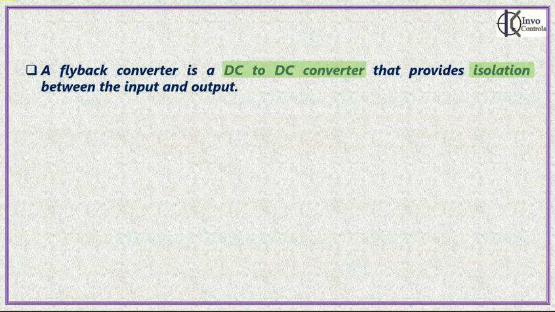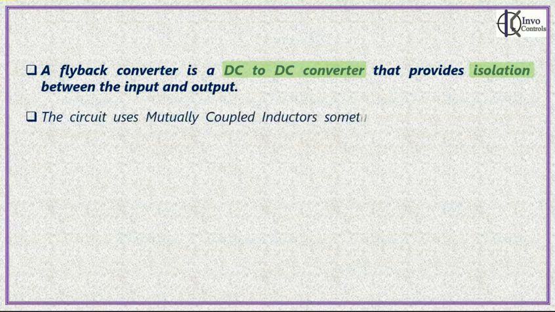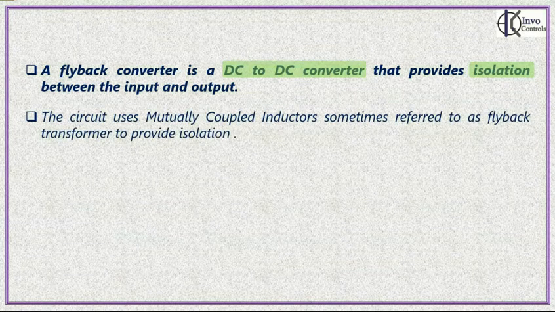As we study the circuit of the flyback converter, you will observe a very important component which is used in it, mainly the flyback transformer, which is nothing but mutually coupled inductors. In fact, this circuit gets the name flyback converter mainly on account of the use of flyback transformer, which actually, as I've already mentioned earlier, is mutually coupled inductors.